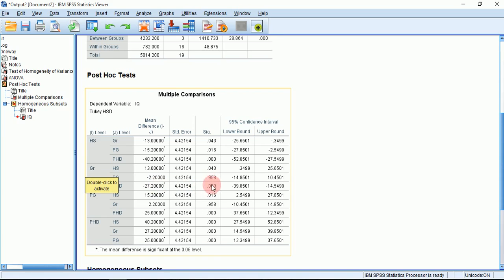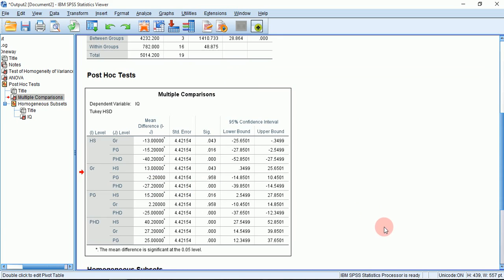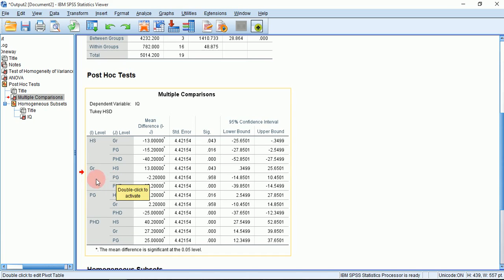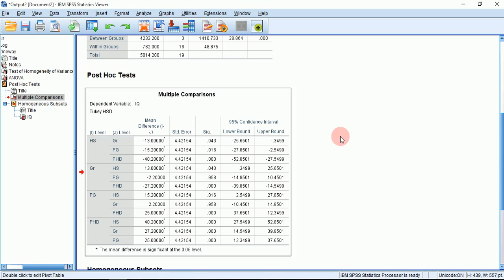So from this multiple comparison table, we find that only the mean IQ scores of the graduates and postgraduates, their mean difference is not statistically significant, and the other pairs' mean differences are statistically significant.